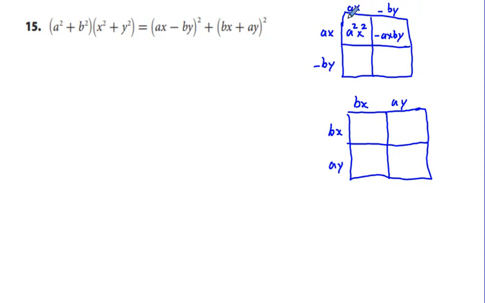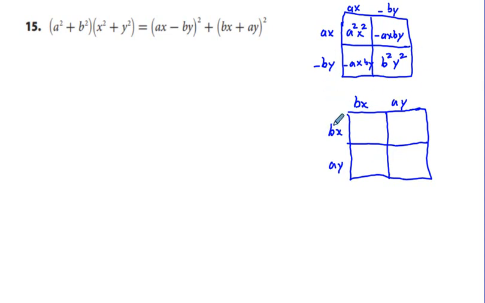And then negative by times ax is going to be negative axby. And then finally, negative by times negative by is going to be b squared y squared.